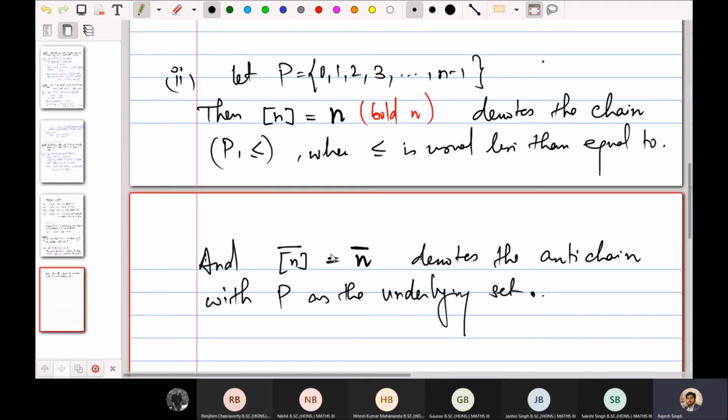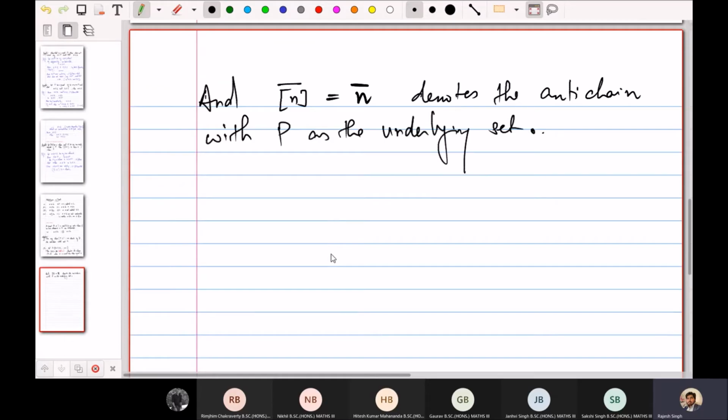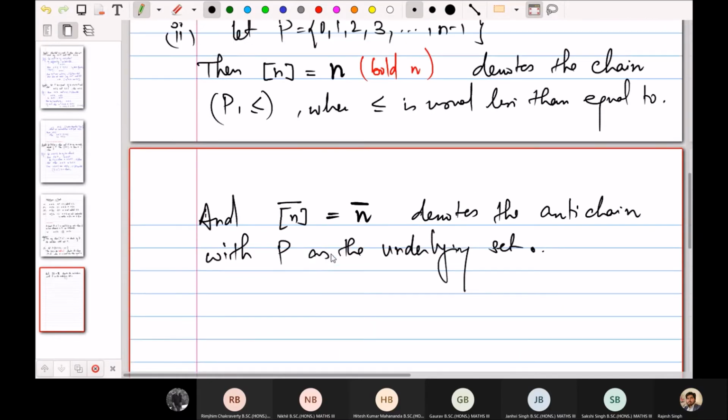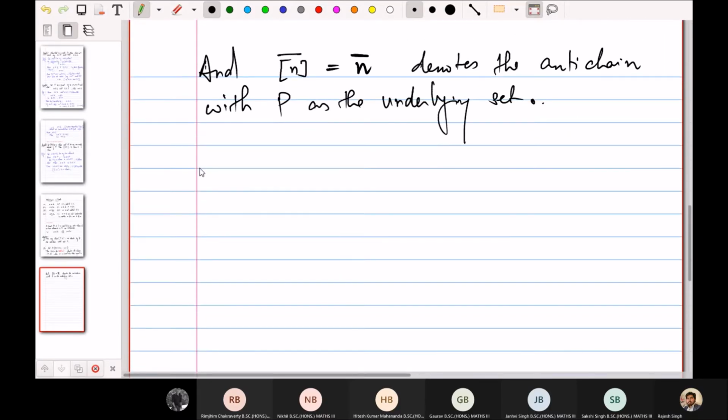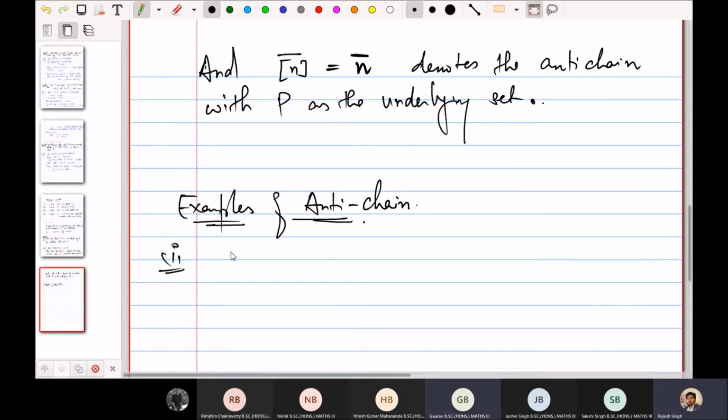Okay, give me an example of an anti-chain. Give me a set and then a relation such that it becomes an anti-chain. Sir, we can take a subset of complex numbers ai where a is not equal to 0.